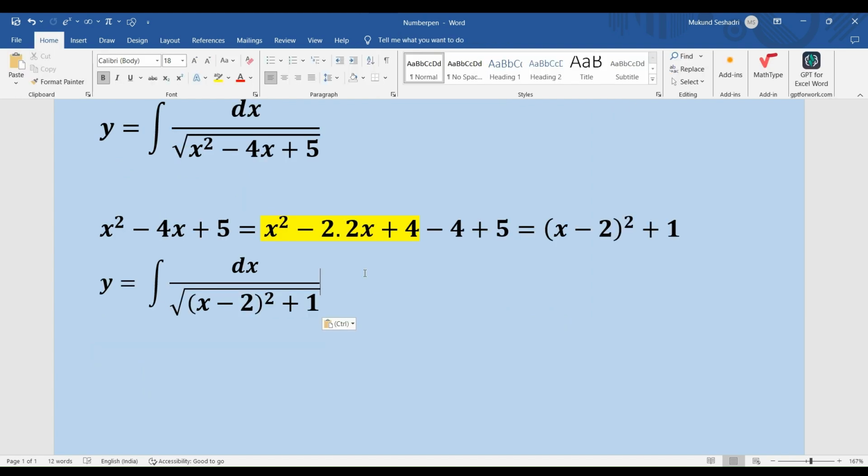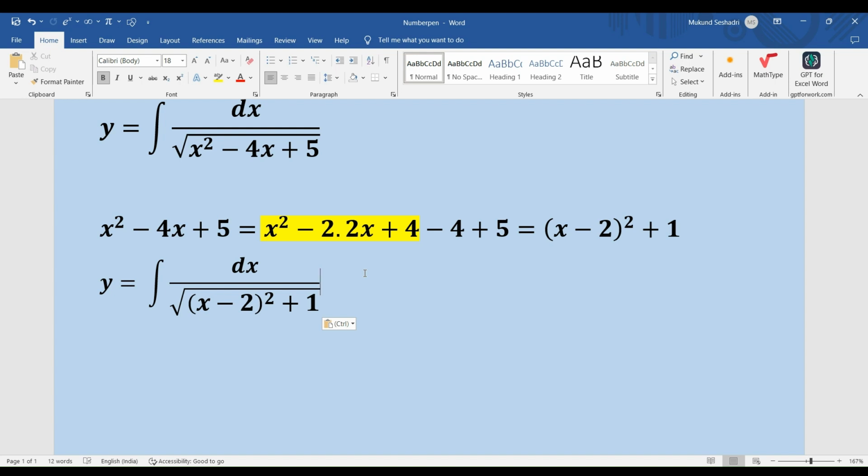My y has integral of dx divided by square root of x minus 2 the whole square plus 1, right? So I know that with the substitution t equals x minus 2, I will be able to bring it to the format integral of dx by square root of x square, this time plus a square.